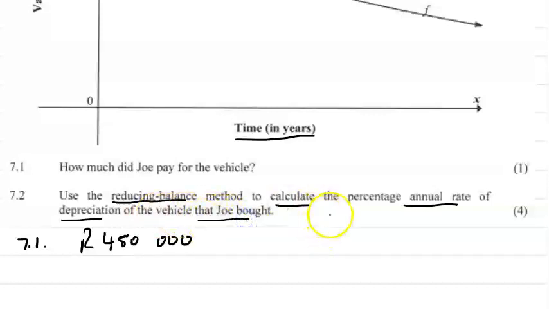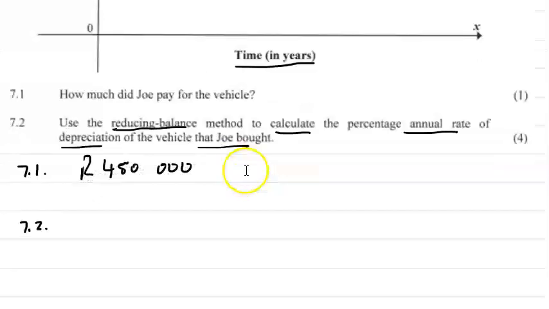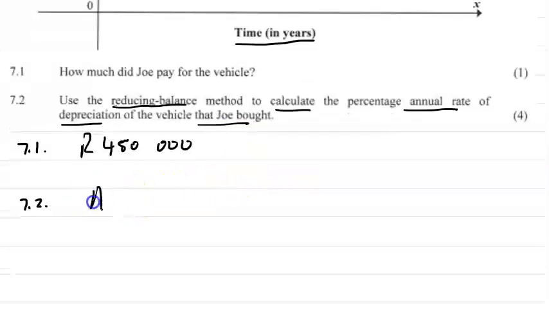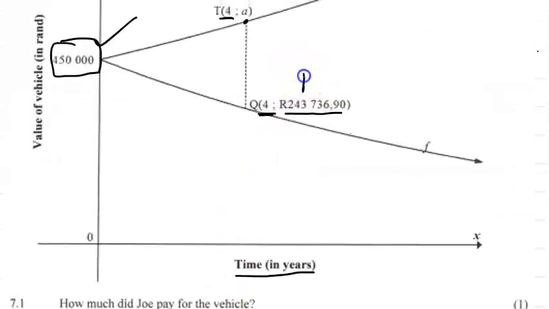So once again, the first thing that you have to establish is which formula to use. So it is clear here in this question that we are going to be using the reducing balance depreciation formula, which is A equals P(1 minus i) to the power n. So let us now substitute into our formula. We know now that this vehicle cost 450,000. So that's what was paid for the vehicle. That's my P value. It depreciated to 243,736 rands and 90 cents, that's my A value.